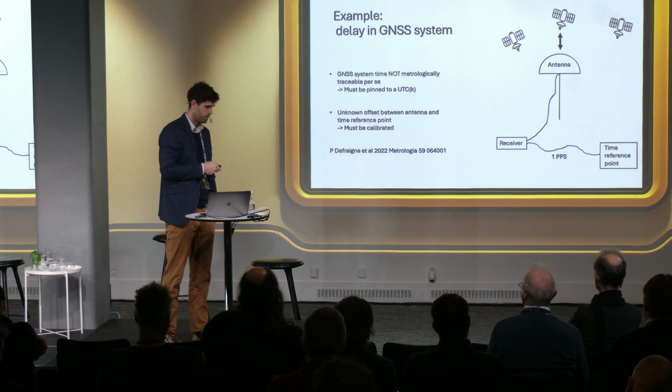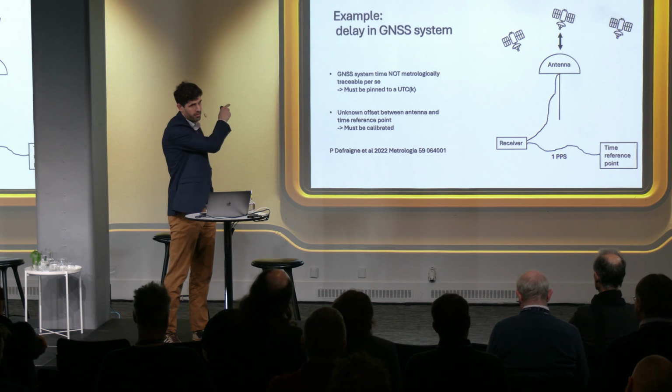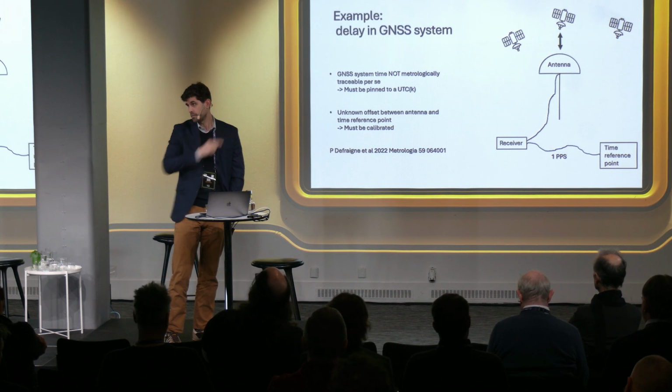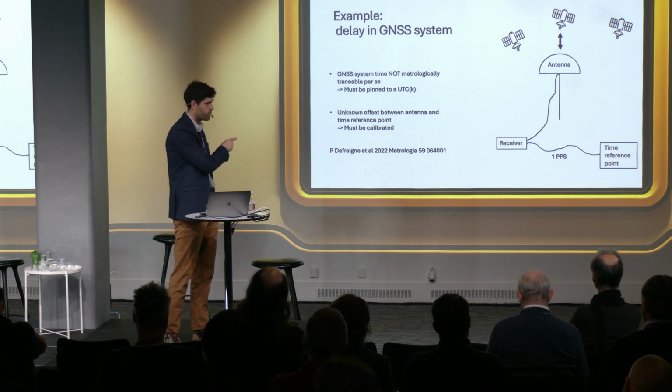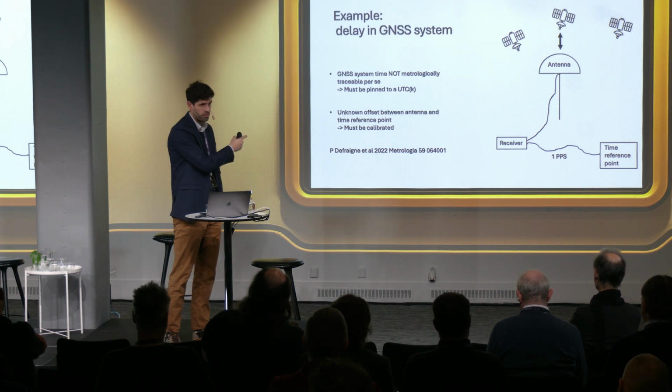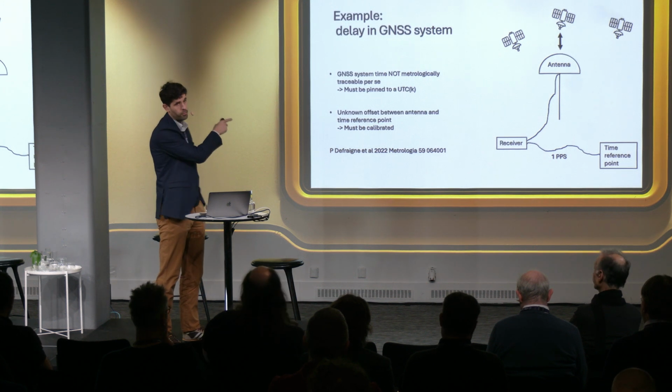The second one is that you also have delays. The system time is measured in the antenna, but that is not how you use the time. You have a receiver and you have a delay in the antenna cable to the receiver. The receiver determines the time and then distributes it, or compares it at another place. So you have a time reference point.